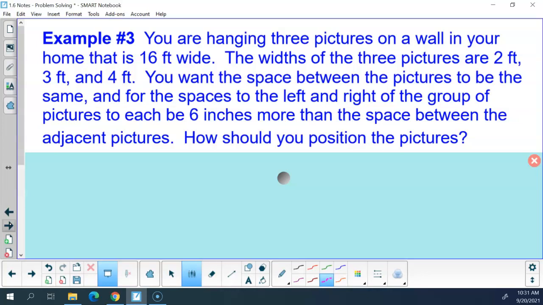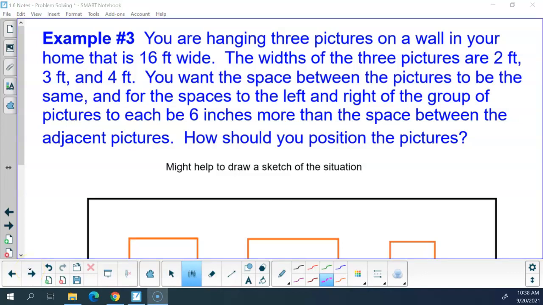All right, try this one. I'm going to let you simmer on this one for a while. All right, what do we know? Okay, how long is the wall? 16 feet. So from end to end, the wall here is 16 feet.